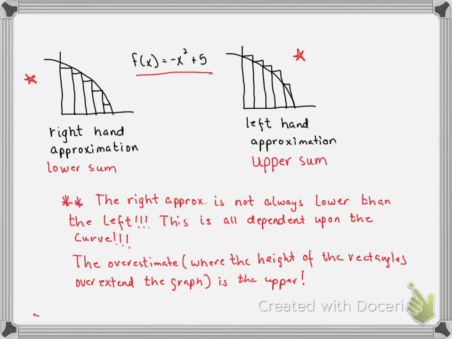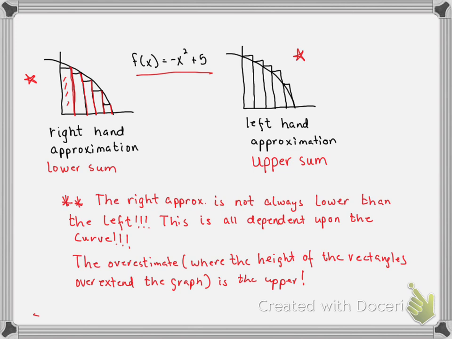Now, the right-handed approximation means that the right side of each one of those rectangles is the side that meets the curve. So this right here is the right side of this rectangle, and that's the side that meets the curve. Likewise, here, here, here, and here, okay? Now let's look at the other one.